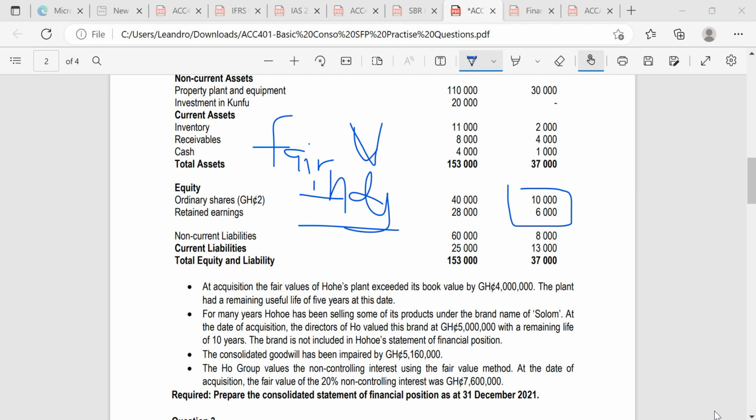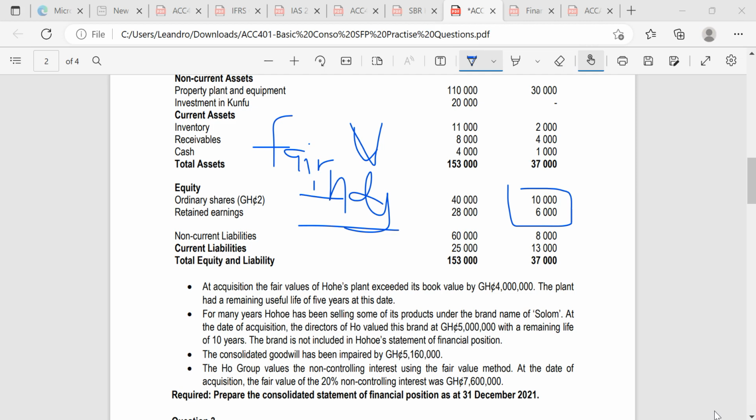And because you are consolidating for 2 years, you will amortize for 2 years. That amortization will be taken out of the 5 million when you are consolidating. The plant, the 2 years depreciation will be taken out of the value of the plant when you are consolidating.